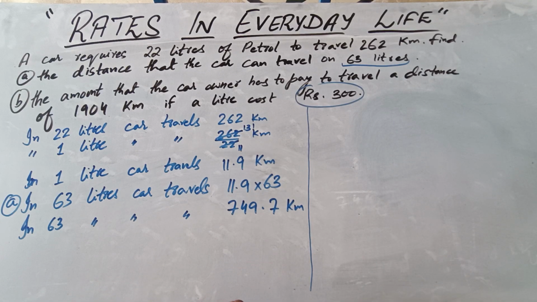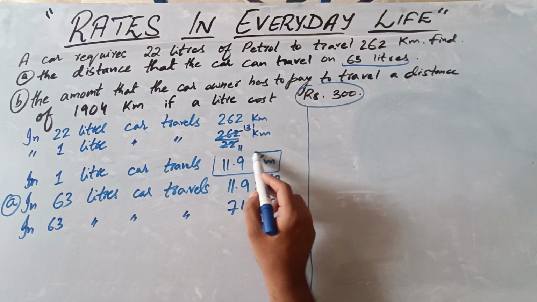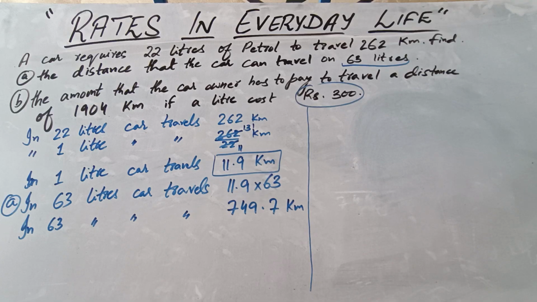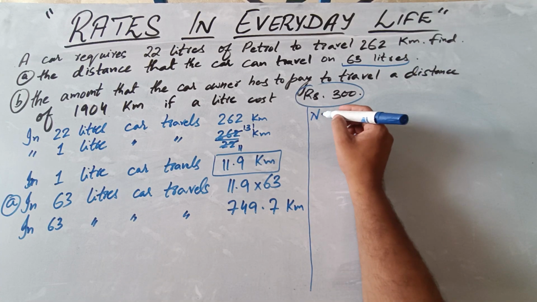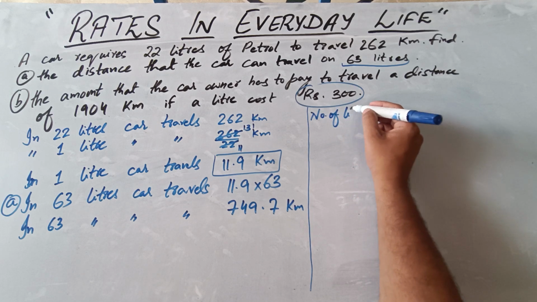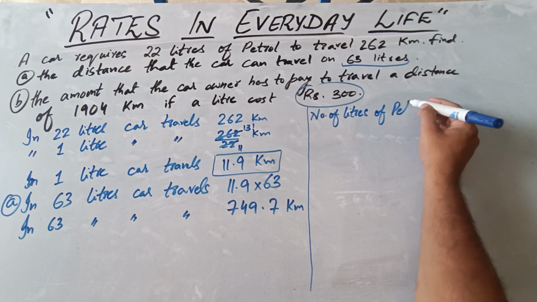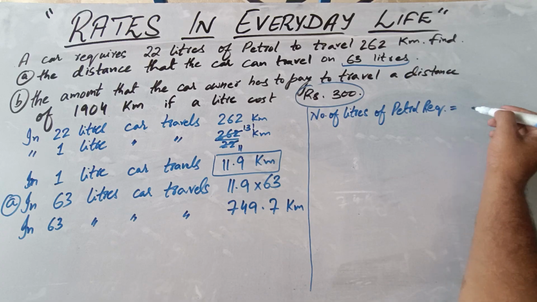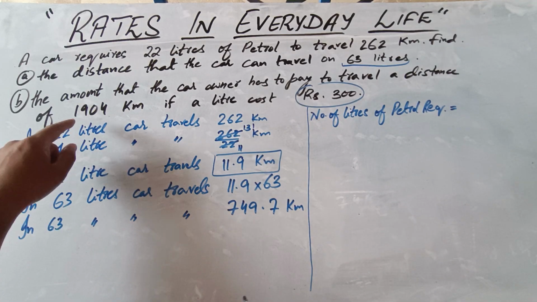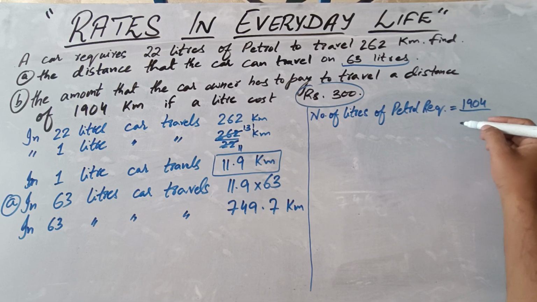So our car is giving 11.9 kilometers in 1 liter of petrol. So now we will find out the number of liters required. Number of liters of petrol required is equal to, what we will do, we will divide 1904 by 11.9.